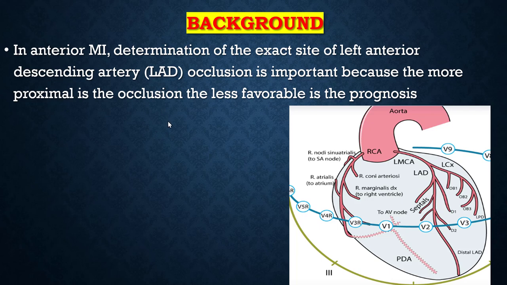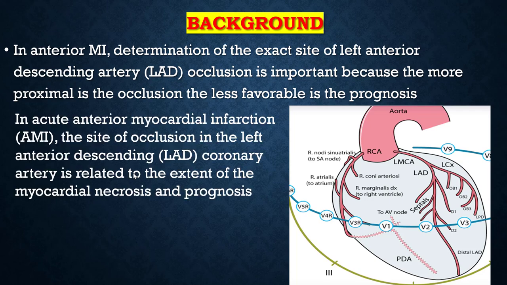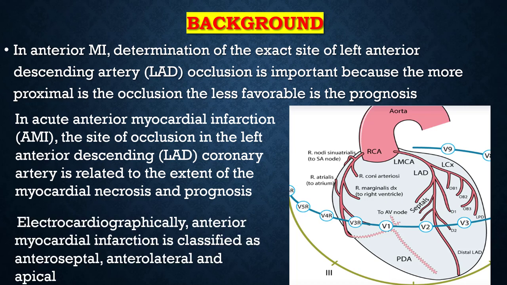because the more proximal is the occlusion, the less favorable is the prognosis. In acute anterior myocardial infarction, shortly called AMI, the site of occlusion in the left anterior descending coronary artery is related to the extent of the myocardial necrosis and prognosis.